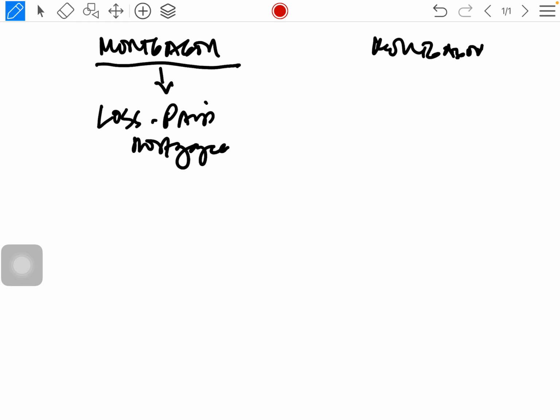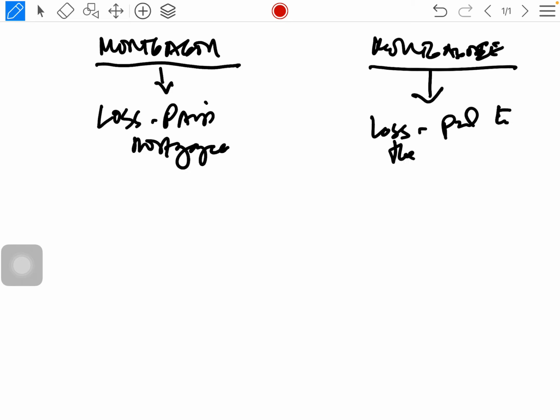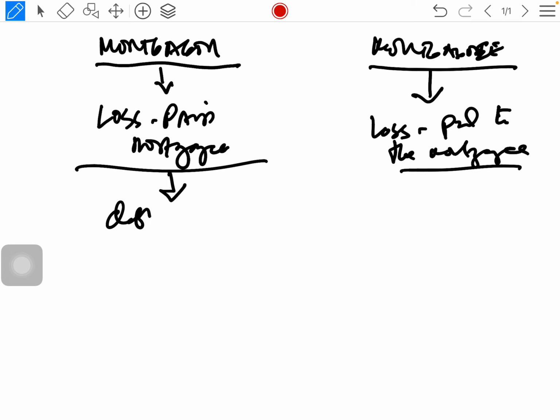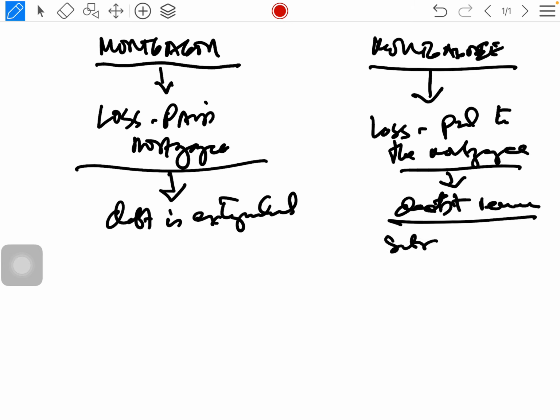When the mortgagee procures the insurance, loss is also paid to the mortgagee, but here the debt is not extinguished. Here the debt remains because there will be subrogation in favor of the insurer.